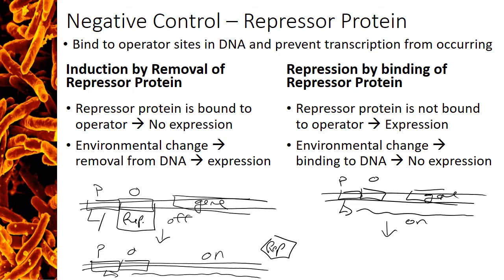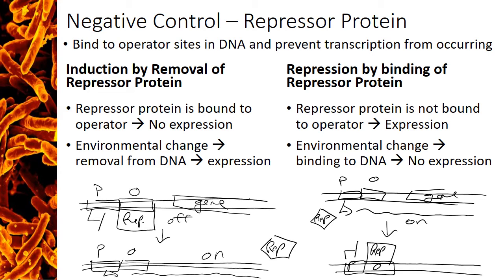But now there's an environmental change, and the repressor protein, which originally had not been bound to DNA, is now going to come over, bind to that operator region, which then blocks transcription from happening. We get no transcription, and the gene is now off. So we've switched from being on to off because the repressor protein went from not bound to bound to the operator.